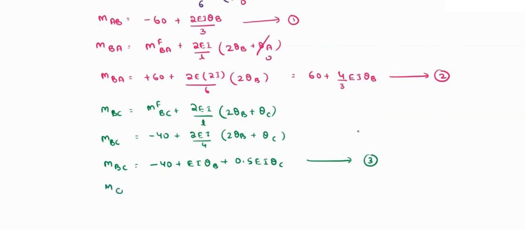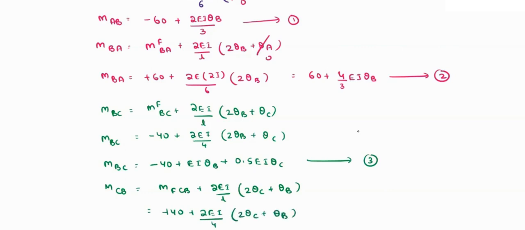Now coming to the next equation, that is MCB. MCB will be equal to MFCB plus 2EI by L into 2 theta C plus theta B. So here I am going to substitute plus 40 plus 2EI by 4 into 2 theta C plus theta B. So this is your MCB.